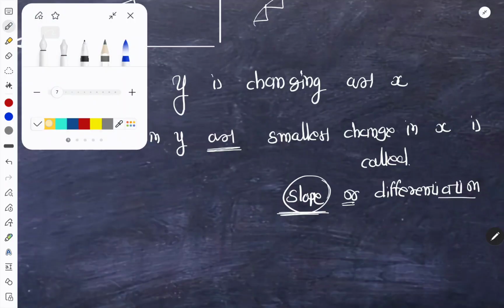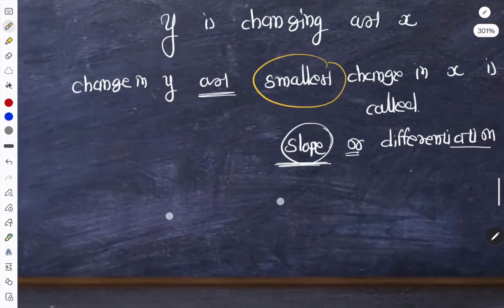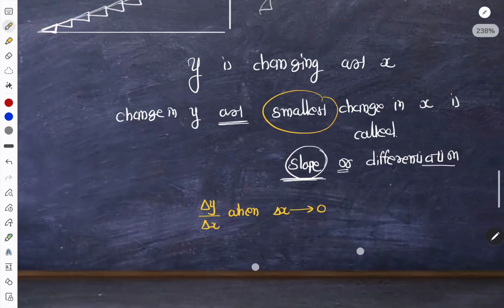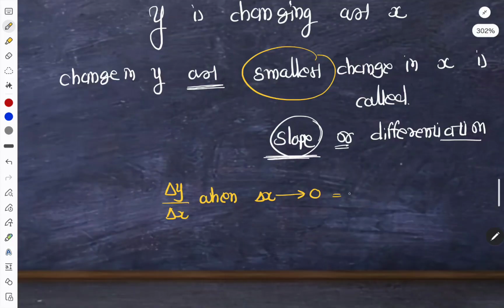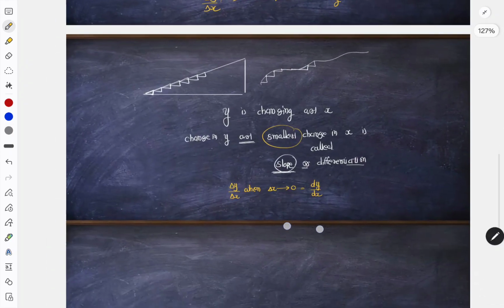Here we have this word smallest, that means delta y by delta x when delta x is nearly 0, very small, and that is called dy by dx.